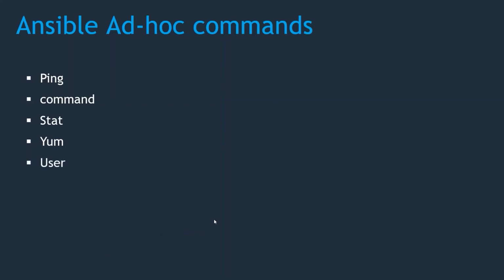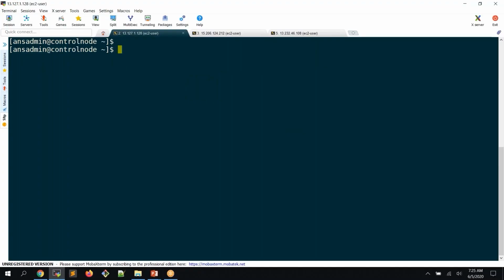Next, user. User is another module which helps us to create a user. Let's create a user on all the target systems. I would like to create a user called modi on all my target systems.